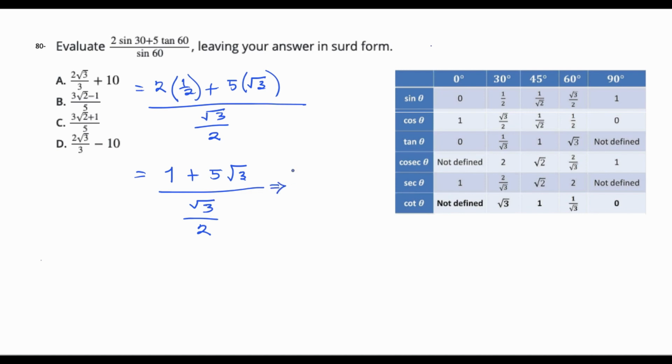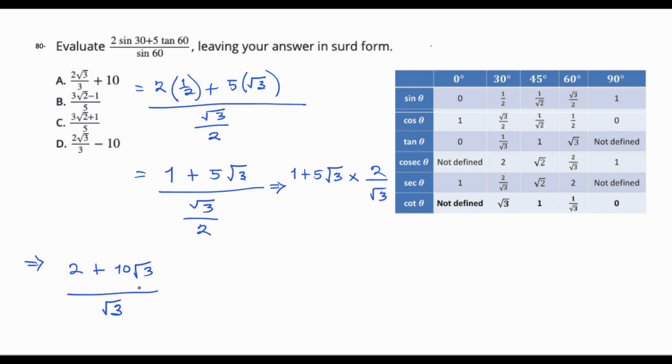This is the same as 1 plus 5 root 3 multiplied by 2 over root 3, so our new equation will be 2 multiplied by 1 equals 2, plus 2 multiplied by 5 root 3 becomes 10 root 3, all divided by root 3.